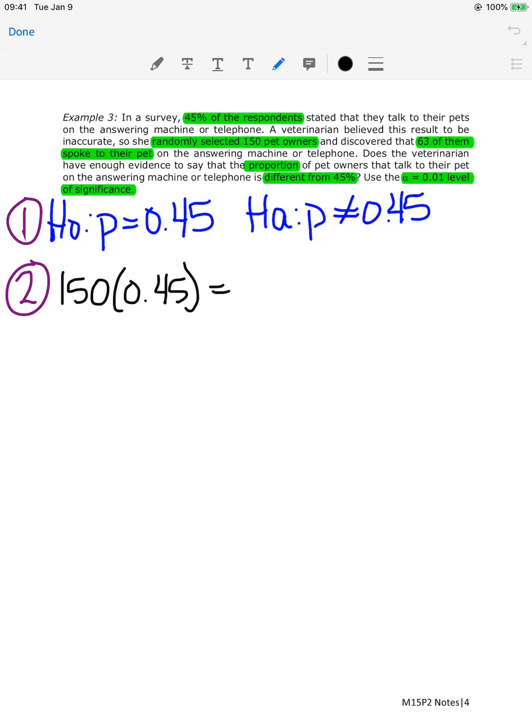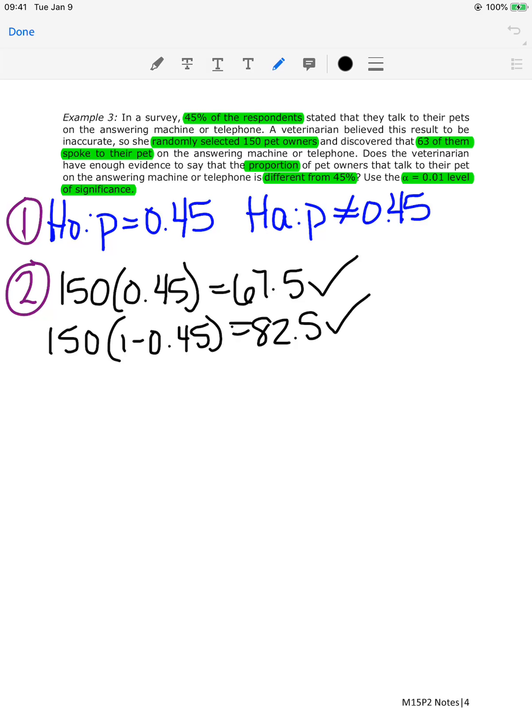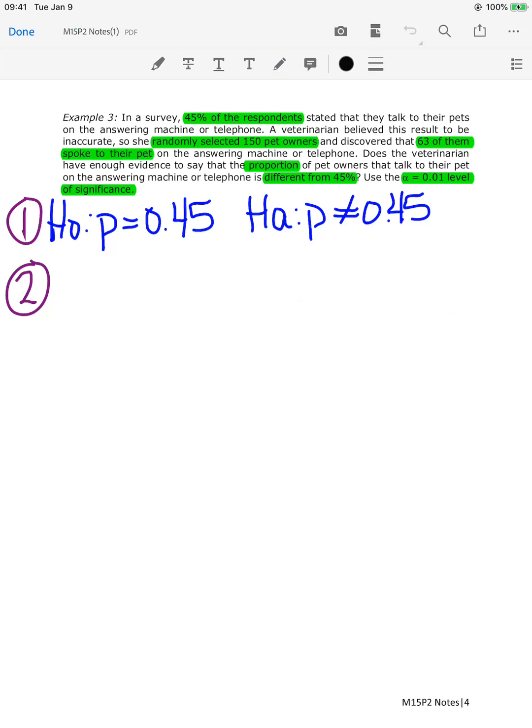Oh no, we should be fine. 150 times 0.45 is 67.5, which is greater than 10. 150 times 1 minus 0.45 is 82.5, which is also greater than or equal to 10. So our distribution, again, is normal. That's good.